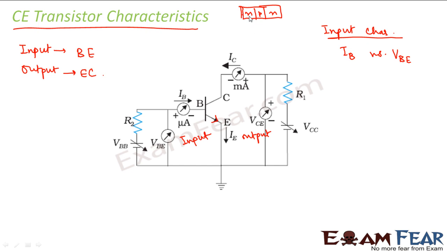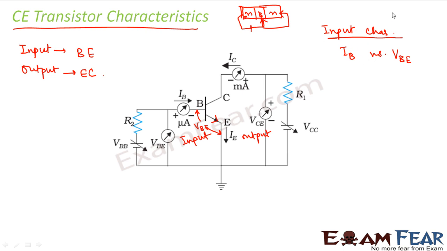So the potential difference between the emitter and the base is VBE. Similarly, the potential difference between base and collector is VBC. But in this case, there is no link between base and collector. The link is between base and emitter, so the potential difference between base and emitter is VBE.